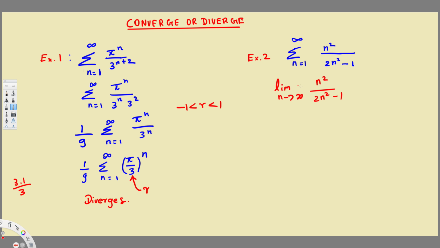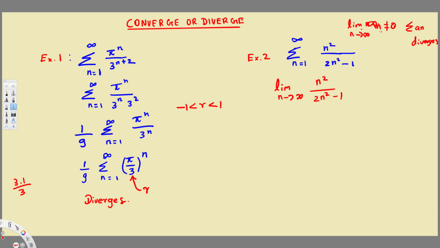With the limit method, if it's not equal to 0, then it diverges automatically. So if limit as n approaches infinity of an is not equal to 0, then sigma an diverges.